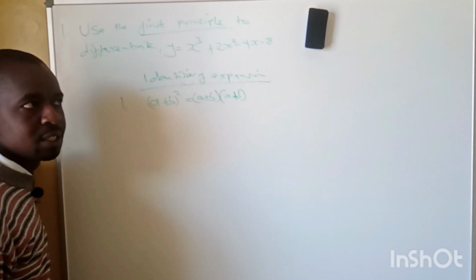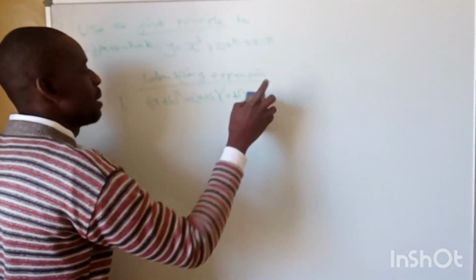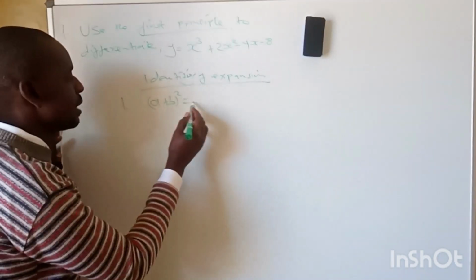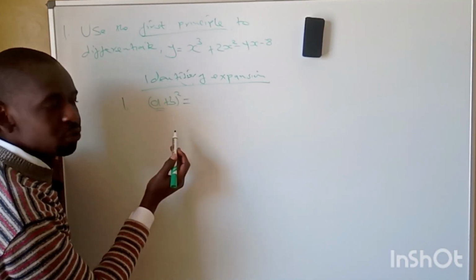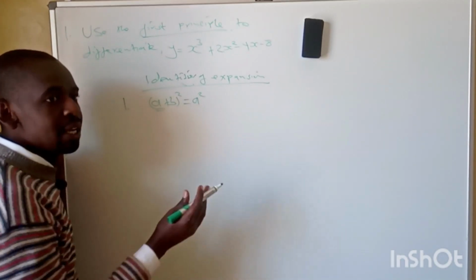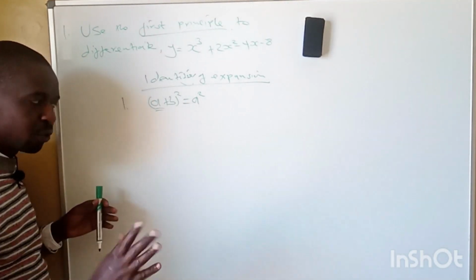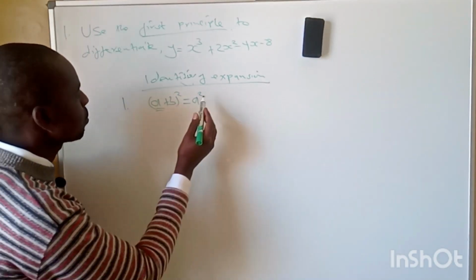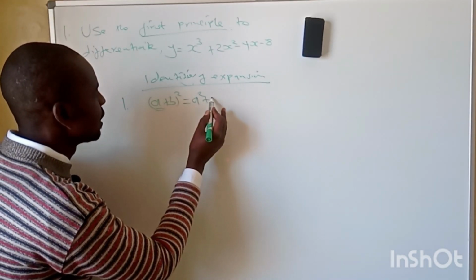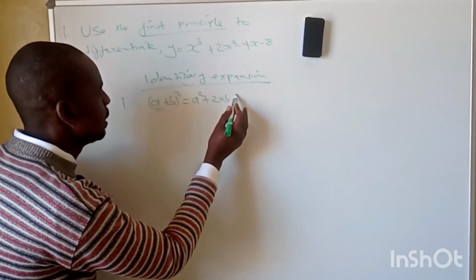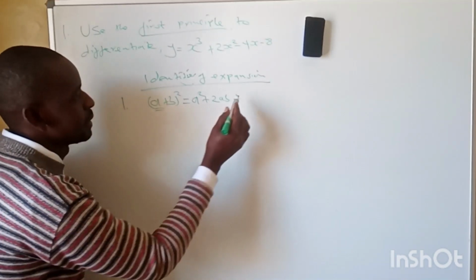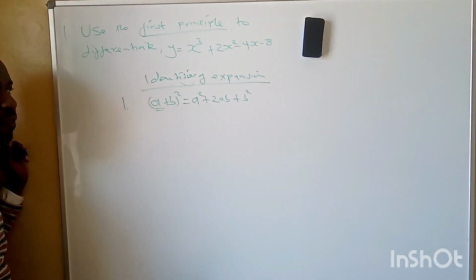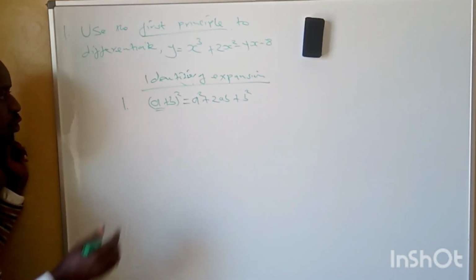If you want to expand that using the identity, you square the first part, which is a squared, then the middle part, you multiply a by b, then you multiply by 2. That gives us 2ab, then you square the last part, b squared. That is the first identity of expansion.